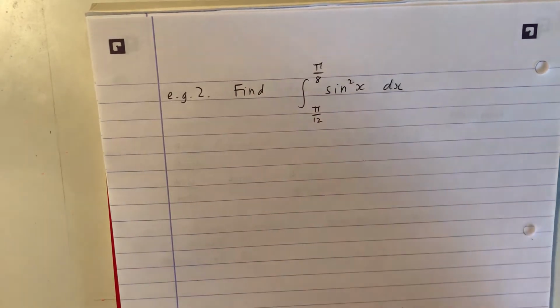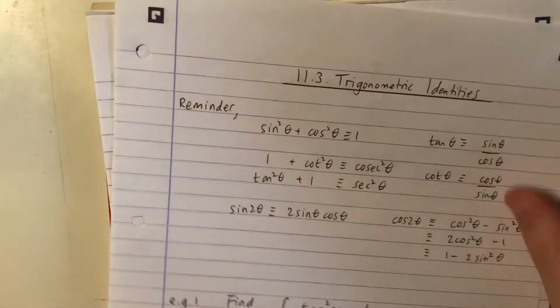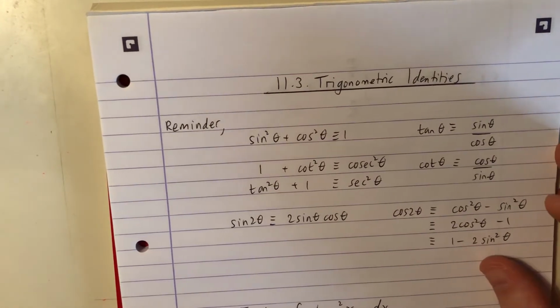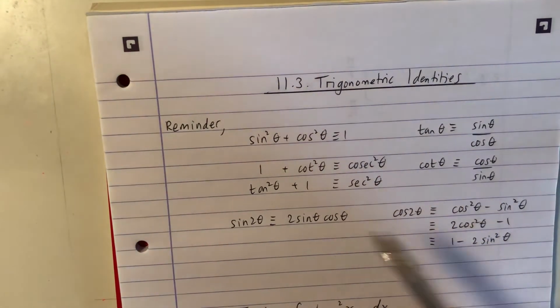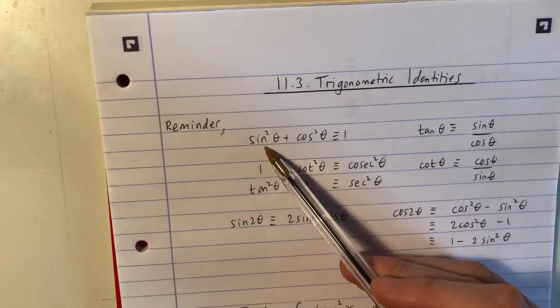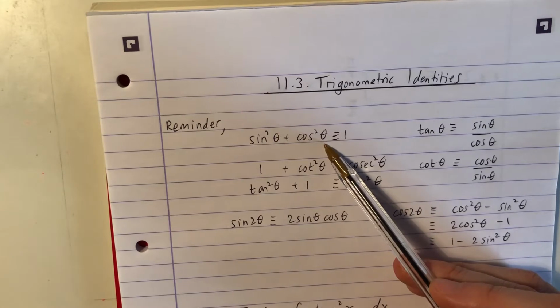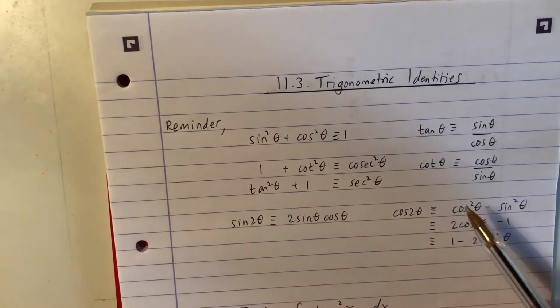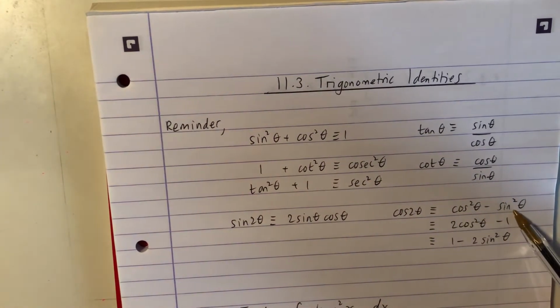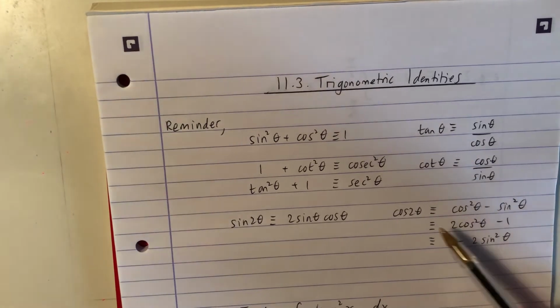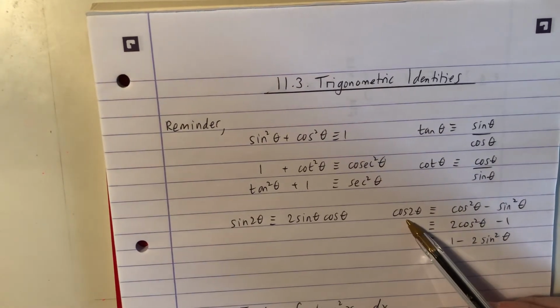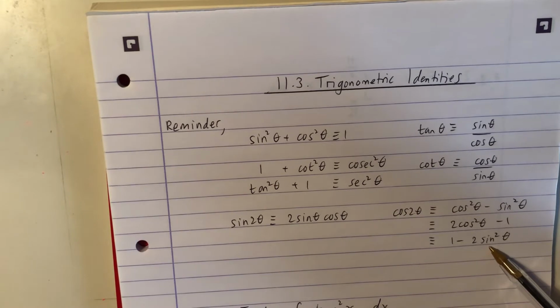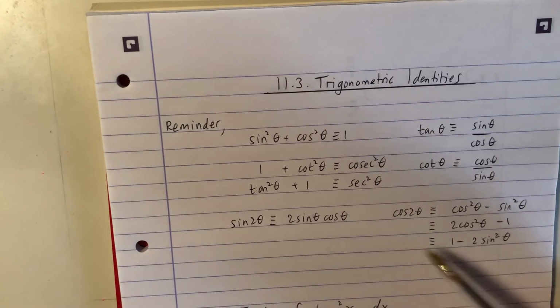Now, if you look at the options with the sine squared, you've got this one, but you'd end up with cos squareds. Anything else with a sine squared, this one, but you'd end up with cos squareds and cos 2 thetas. And this one, let's try this one out.